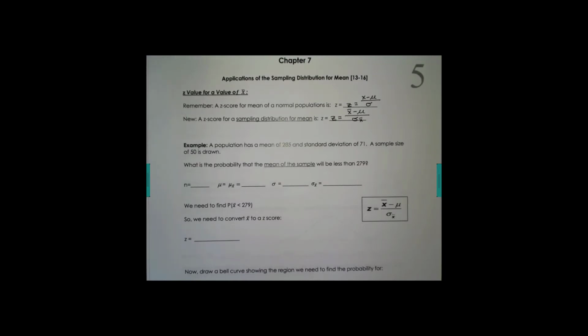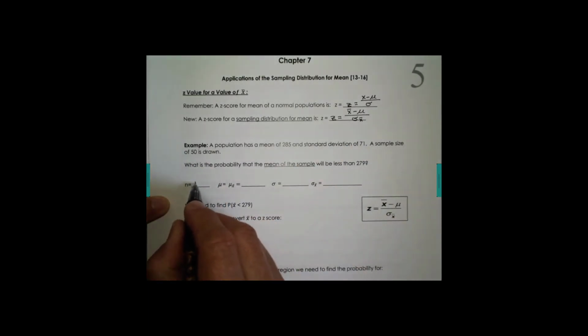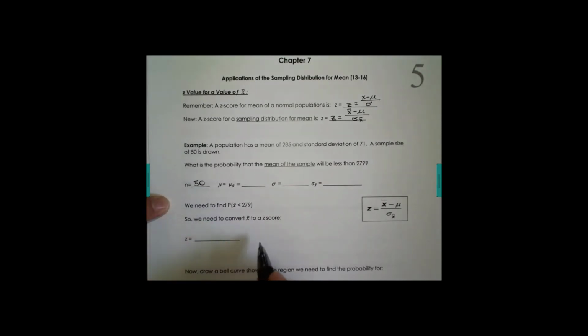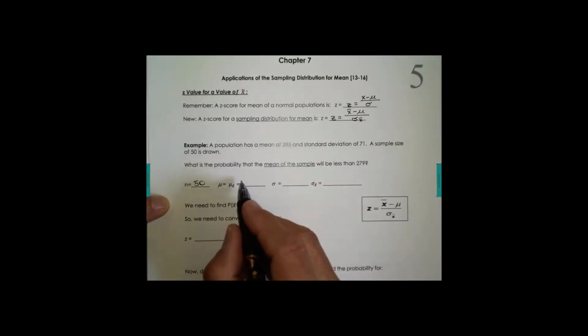And we want to know what the probability is that the mean of the sample, in other words, the sample mean, is going to be less than 279. So first, let's take a look and see what we can identify out of the problem. Sample size of 50 means that our little n is equal to 50. And then the mean of the population is also the mean of x bar. I just wrote those together so you would see it. So we're going to deal with that 285 being our mean.